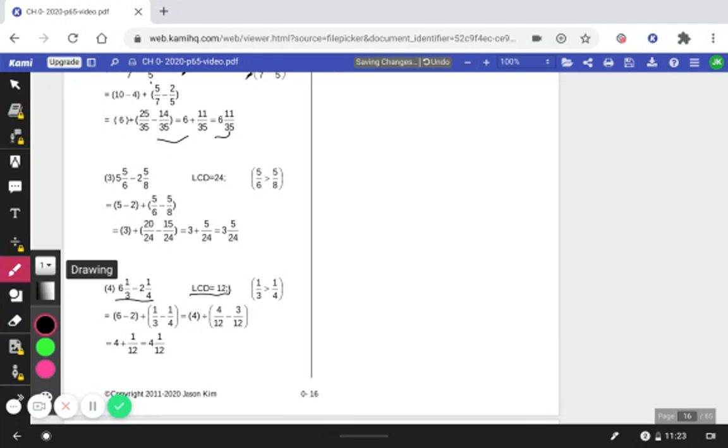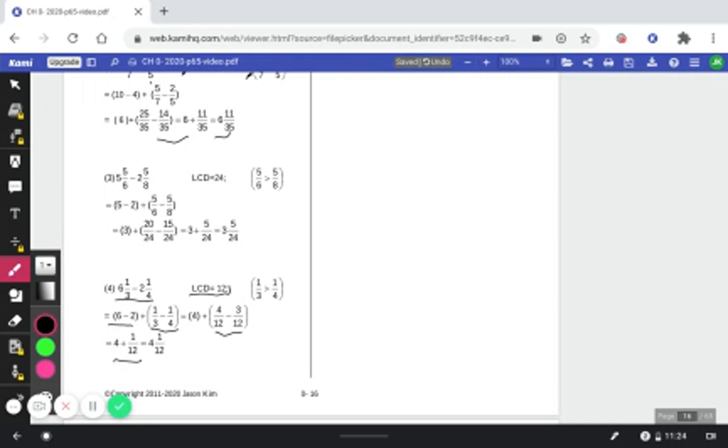And then you separate the integer portion, 6 minus 2, and group them with the subtraction of the fractional portion, 1/3 minus 1/4. So when you have 1/3 minus 1/4, you have to convert them in terms of 12. So it becomes 4/12 minus 3/12. And 6 minus 2 is 4. So you end up with 4 and 1/12.